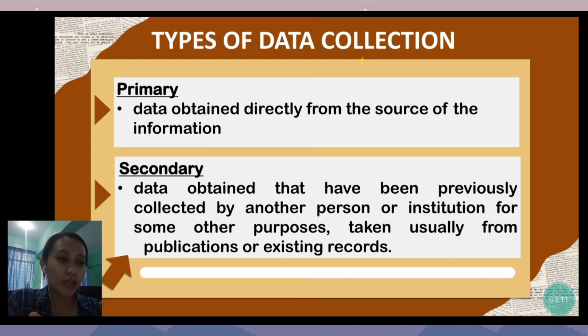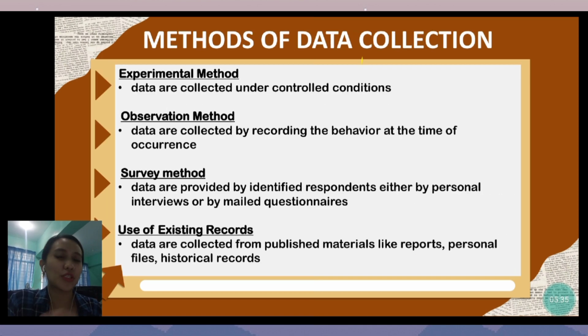The information that you have gotten from that book is secondary data because the person who made the book was the one who gathered the primary data, and you are the secondary gatherer of the information. So that's it for types of data collection.